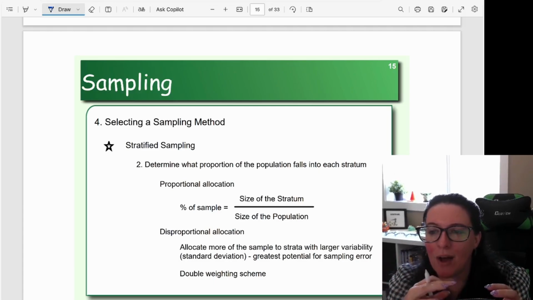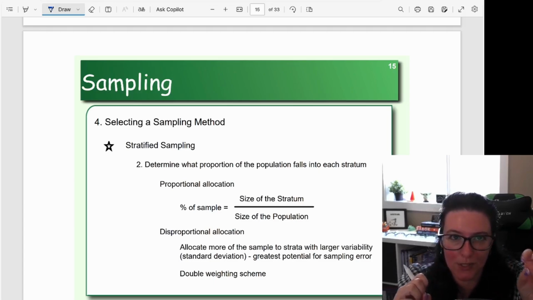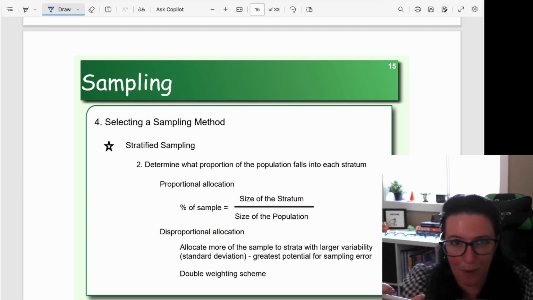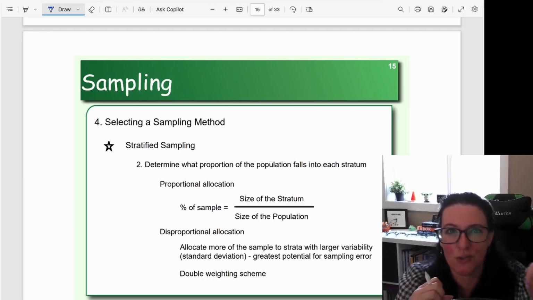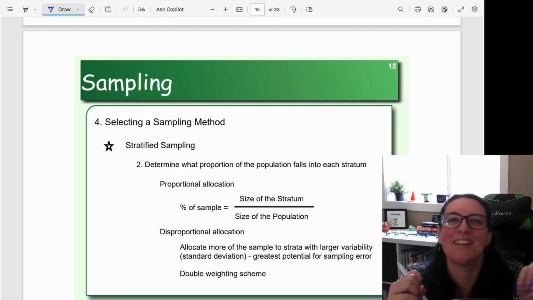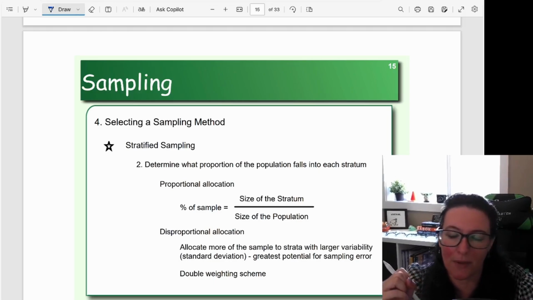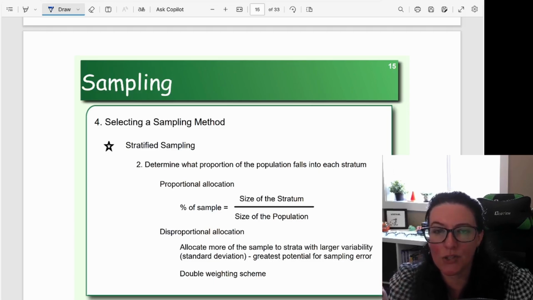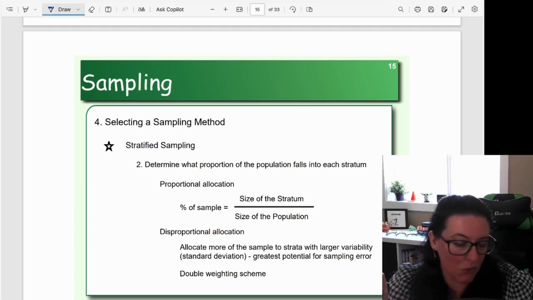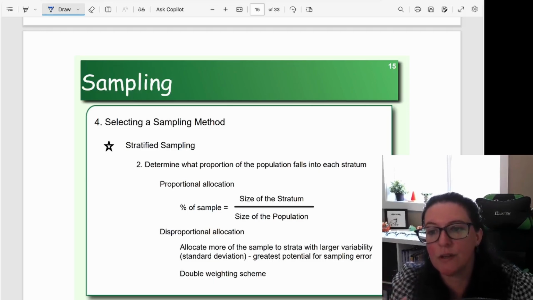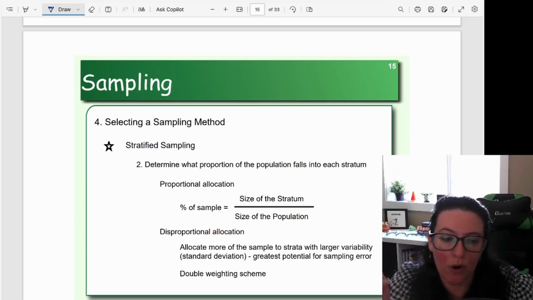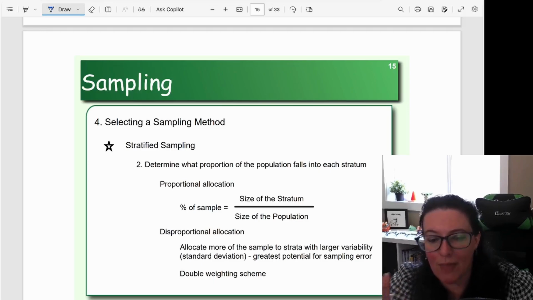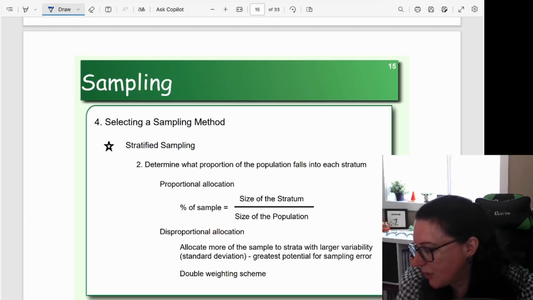And so you're weighting not only on what percentage first years are in the population, but also you're changing that weighting so you can get at the more variability in their responses. So be very careful about disproportional allocation, that you are not adding additional error to it, that you have good historical data that would argue for making that change to the representation.